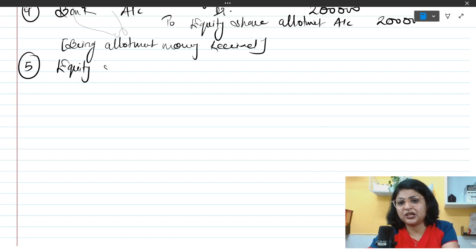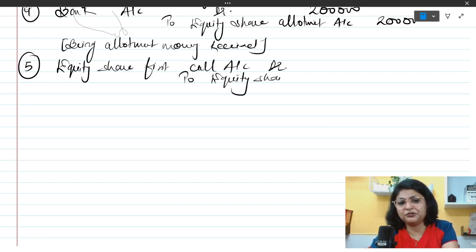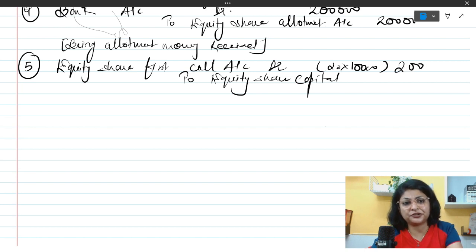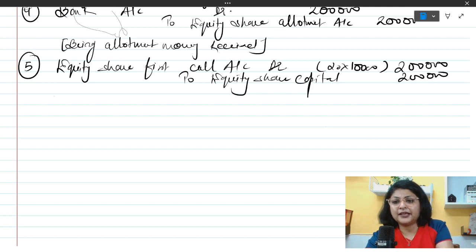Next entry is going to be of equity share first call getting due. Equity share first call account debit to equity share capital. Again, due entry first. And the amount is 20 rupees per share multiplied by 10,000, which is 2 lakh rupees. Narration: being first call due.